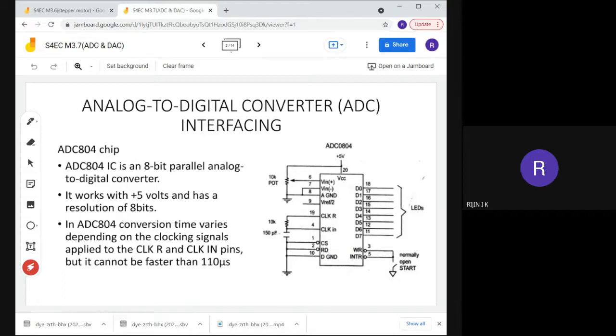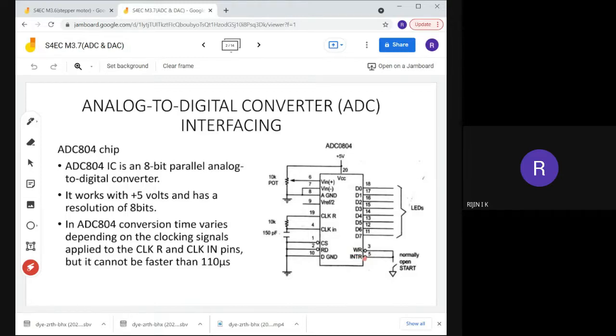So that is why these 4 pins are very important in this ADC 804 chip. Why? Because for selecting we need CS. Then for performing the conversion process, it requires the WR pin. Then after completion, by understanding the value on our INTR pin, the status, we can know whether the conversion is over or not. For that, to know the status, we need to monitor the INTR pin.